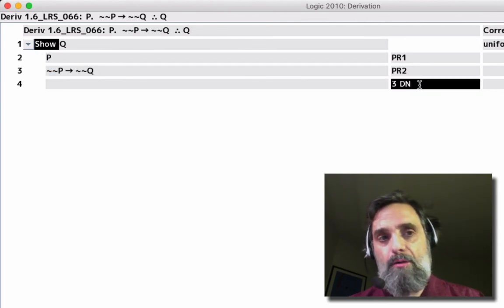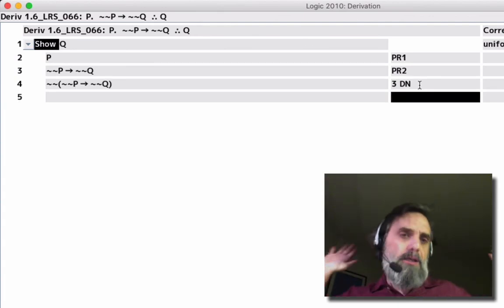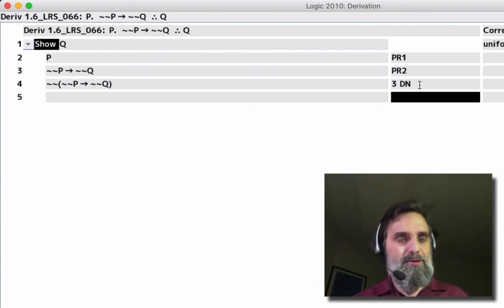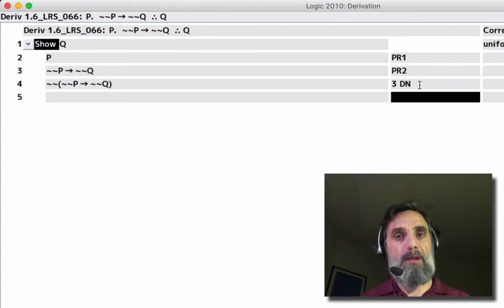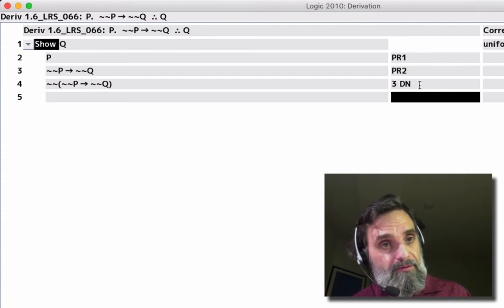Okay? So we say, let's apply DN to 3. And whoa, that's ugly, right? That's not a conditional anymore. That's a conditional inside of two negations. And I can't do any modus ponens with line 4 because it's not a conditional. You're never going to do modus ponens with line 4.